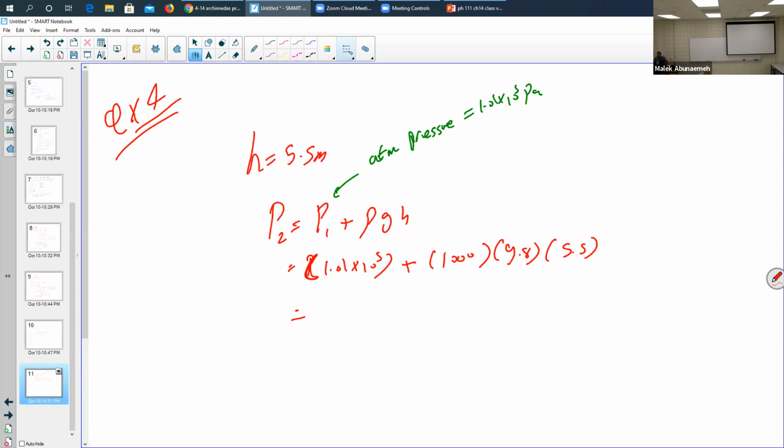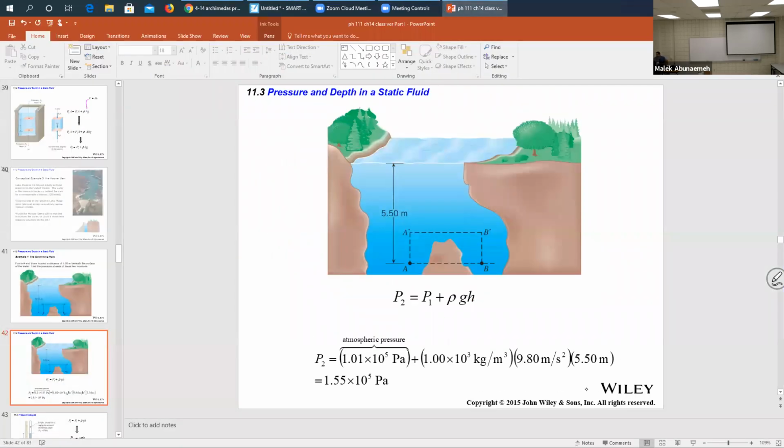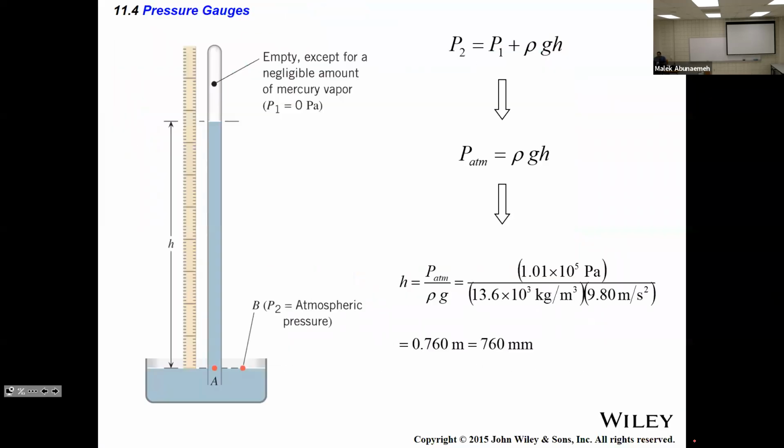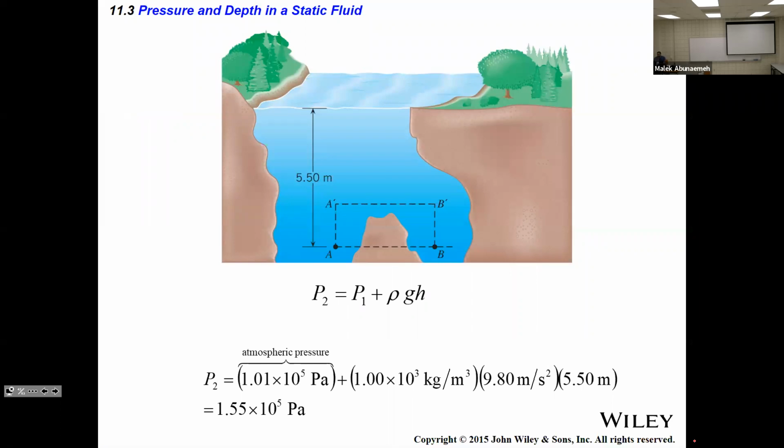Plugging it all in, I got 1.55 times 10 to the 5th power pascals.